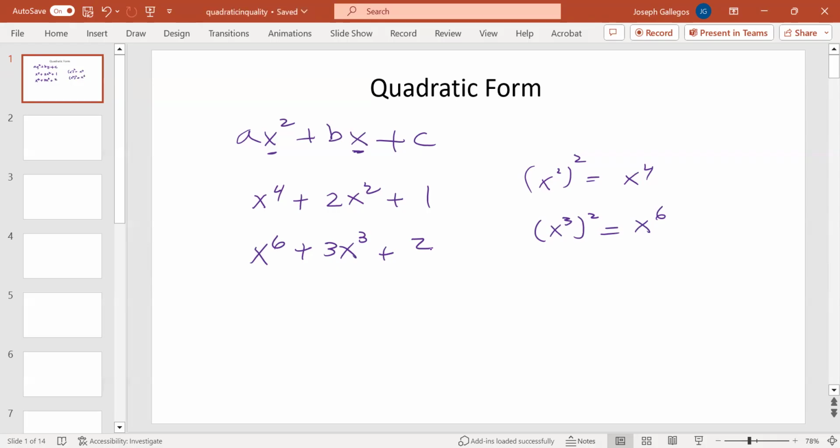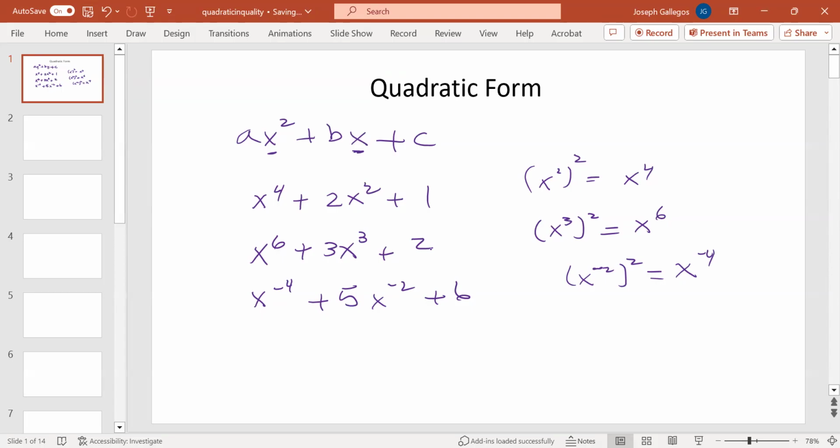Here's another one. x to the negative 4 plus 5x to the negative 2 plus 6. If I take x to the negative 2 and square it, we get x to the negative 4. And they don't have to be integer exponents. They can be fractional exponents and still have quadratic form.